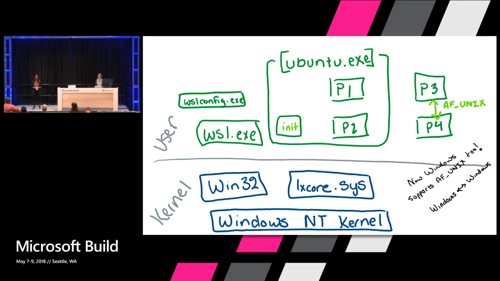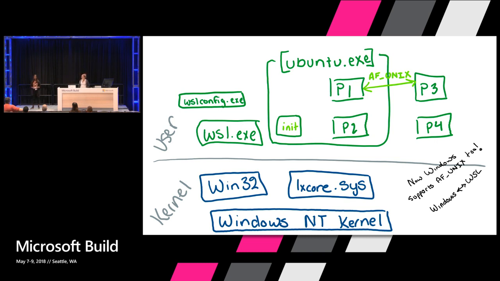Now, the really fun part is that both sides can communicate through AF Unix sockets. We've talked a little about interop between the Windows side and your Linux side. So we can actually communicate between applications on the Windows and the Linux side through AF Unix sockets.